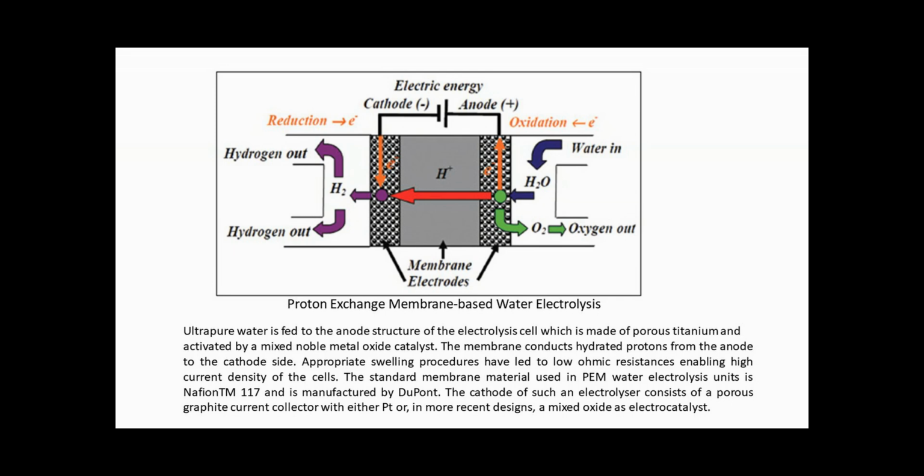So I need to be very careful that I operate as close to the thermodynamic potential as possible. Once I do that, the water is being converted into oxygen and I'm left with only H plus. It is the H plus that is conducting through this membrane, and it is getting reduced at the cathode to form hydrogen.